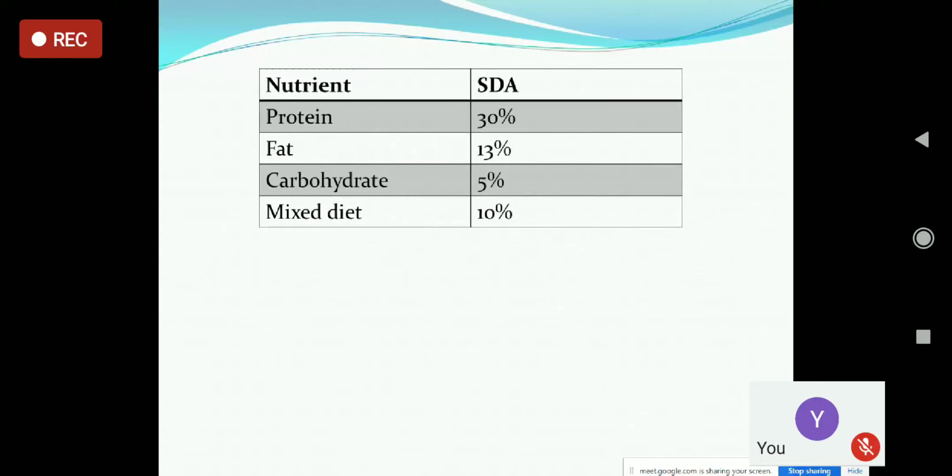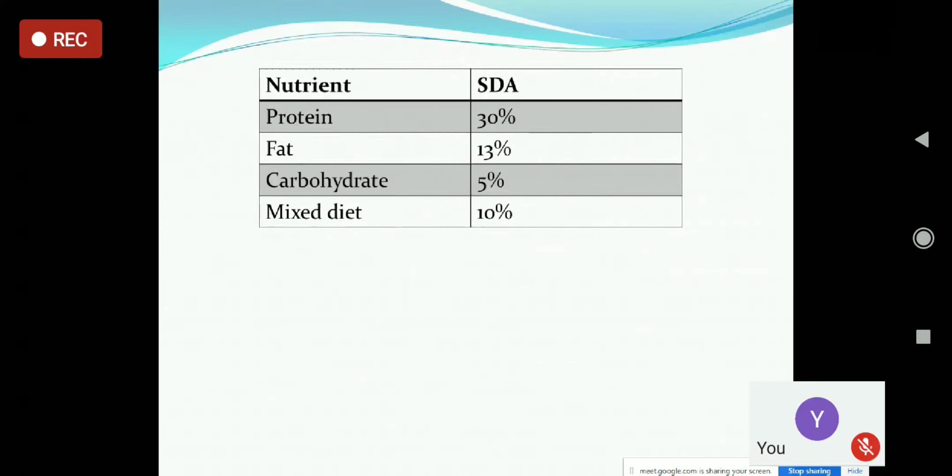Look at this chart. The specific dynamic action of protein is 30%, fat is 13%, carbohydrate is 5%, and that of a mixed diet is 10%. As I said, for the utilization of food by the body, some amount of energy is consumed from the body store.